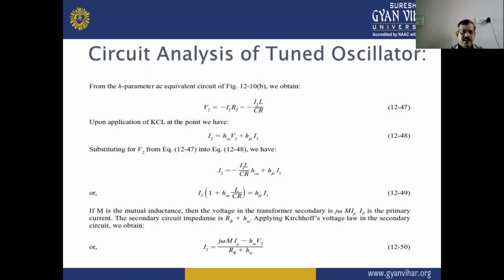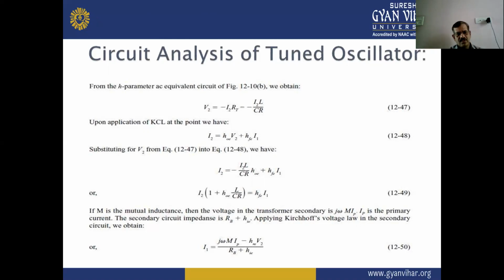Upon application of KCL at the point, we have I2 equal to hoe V2 plus hfe I1. Substituting V2 from the given equation into this equation, we have I2 equal to minus I2 L upon CR hoe plus hfe I1, or hfe I1 equal to I2 into 1 plus hoe L upon RC.